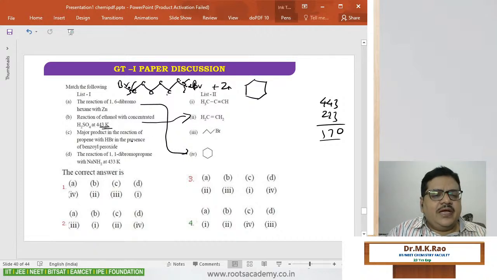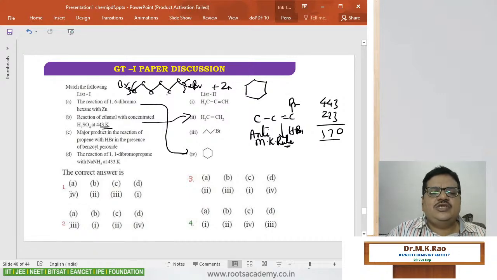Major product in the reaction of propene with HBr in the presence of benzoyl peroxide: it follows the anti-Markovnikov rule. Br will attach here and H will attach here. So it should be the third option.